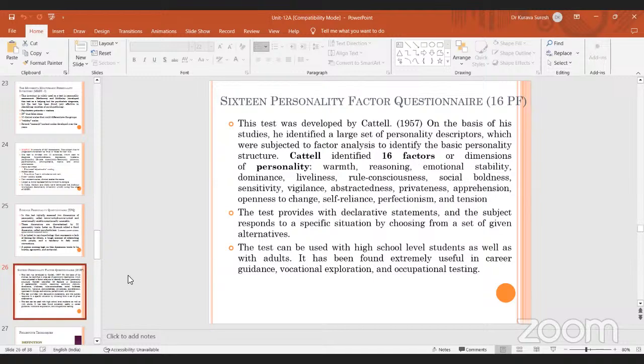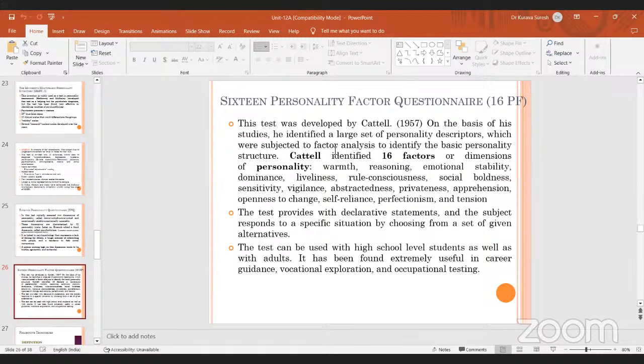16 PF personality factor theory. This was developed by Cattell, based on studies that identified a large set of personality descriptions, using factor analysis to identify the basic structure of personality.